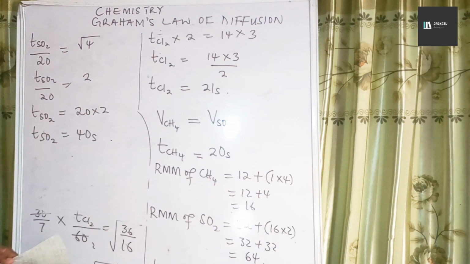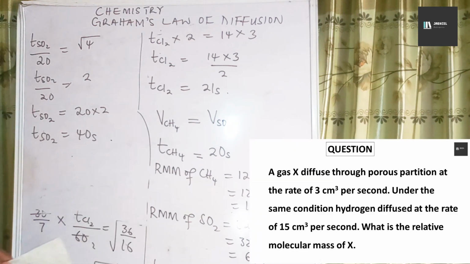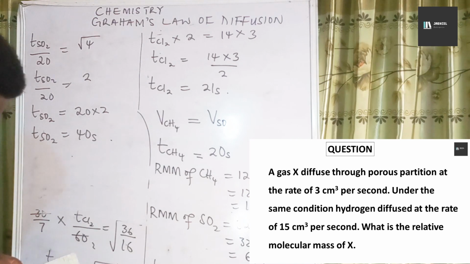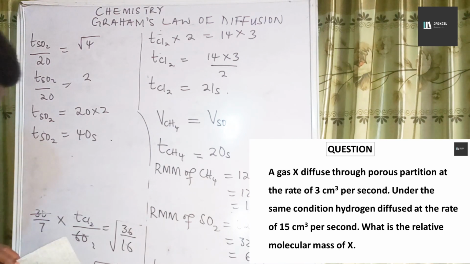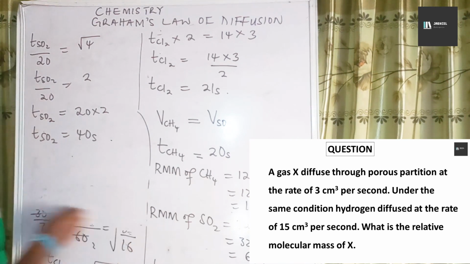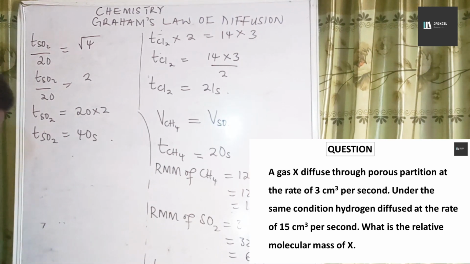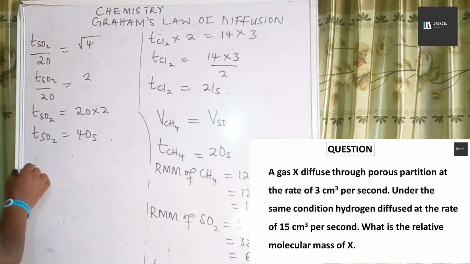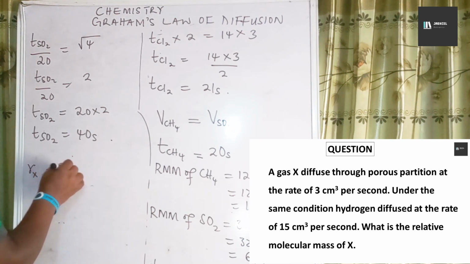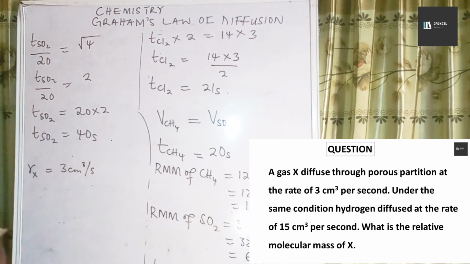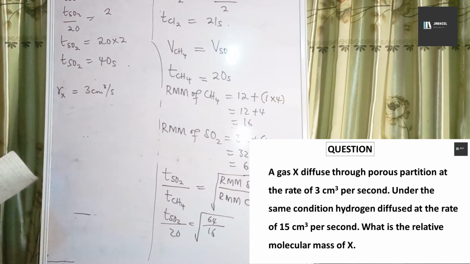The third one reads: a gas X diffused through a porous partition at the rate of 3 cm³ per second. The rate of diffusion of gas X, we can represent that as Rx, is 3 cm³ per second.